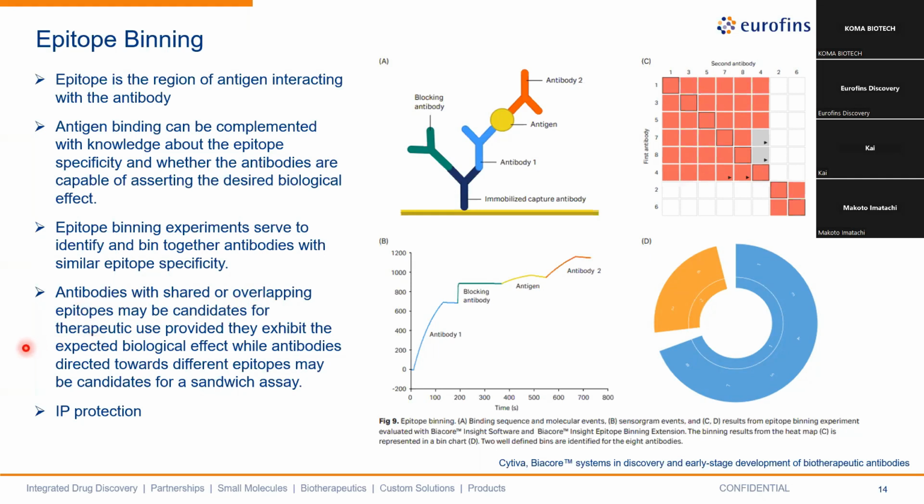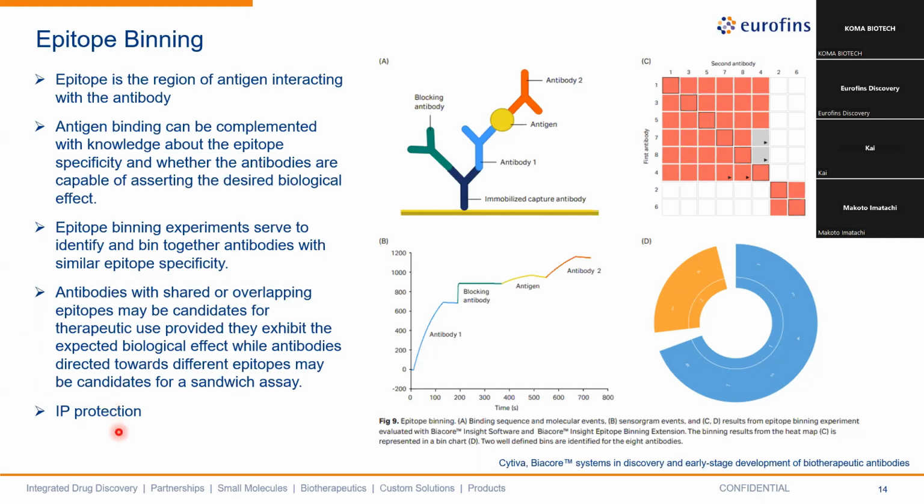If you bin in the right one, they can share similar therapeutic functions. But if they bind in a different part, then maybe their function is a little bit different. Okay, and then if they bind in the same epitope, you can also use them as sandwich ELISA candidates, like a tool antibody, if that's your purpose of the antibody discovery.